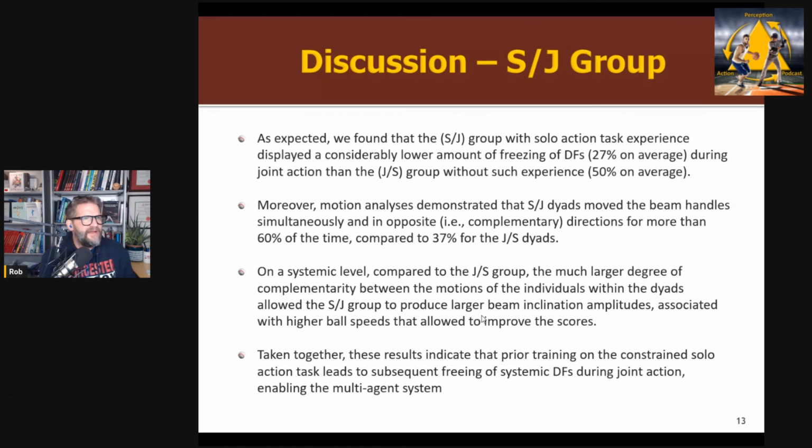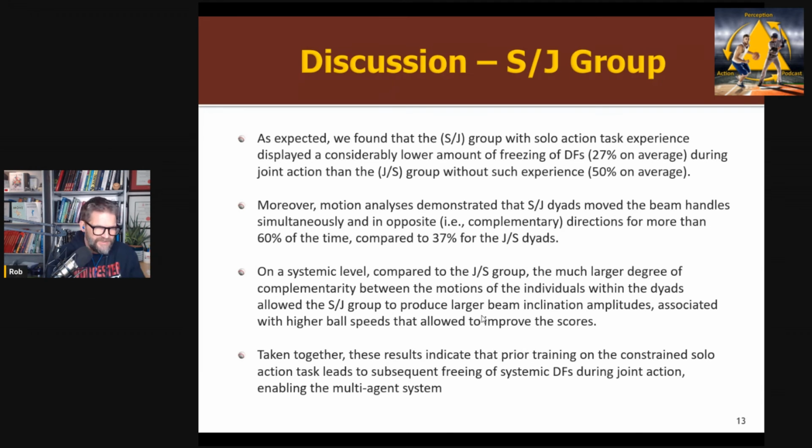Okay, compare that with the group that went from solo to joint, right? From solo to joint, they had much less freezing in the joint task, about 27%, compared to the joint to solo, which was 50. They demonstrated more complementary directions where they're working together, moving in opposite directions. And they seem to be coordinating their degrees of freedom.